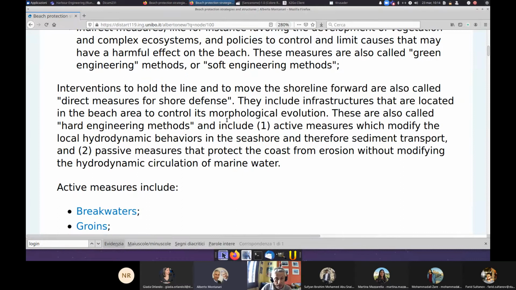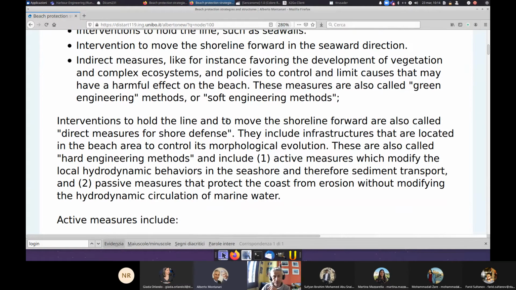Okay, now we can also divide the interventions in 2 categories, which are direct measures. Direct measures are those interventions that are used to move the shoreline forward. Okay, so you can call them also direct measures, and you call them also hard engineering methods.